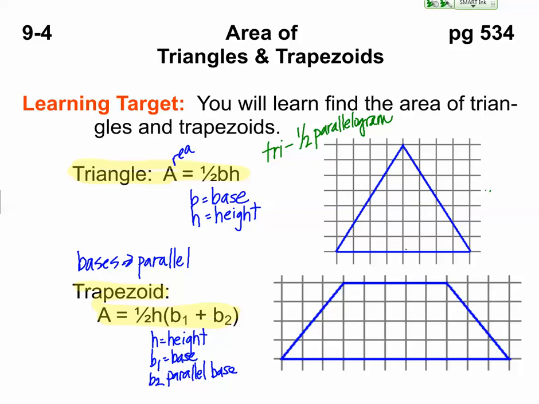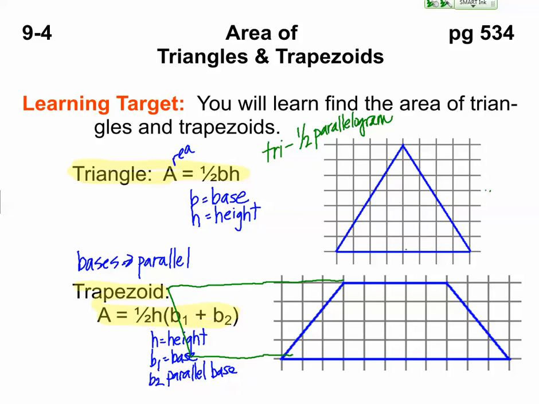Now, basically what I would like you to think about here is if I were to take two of these trapezoids, and flip one on its edge and draw it like this, do you see that two trapezoids would give us the same thing as a parallelogram?